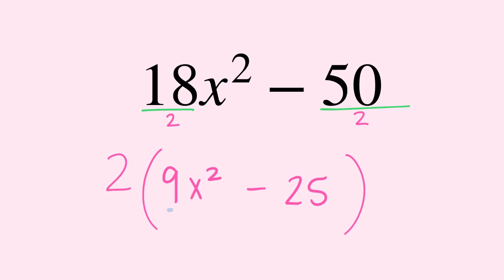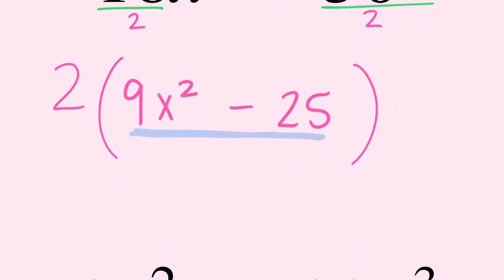So take a look at what's left here. 9x squared minus 25. Is that a difference of squares? So let's try it. Can we take the square root? What's the square root of 9x squared? Well, that would be 3x, right? Because the square root of 9 is 3, and the square root of x squared is just x. All right, let's do the 25.